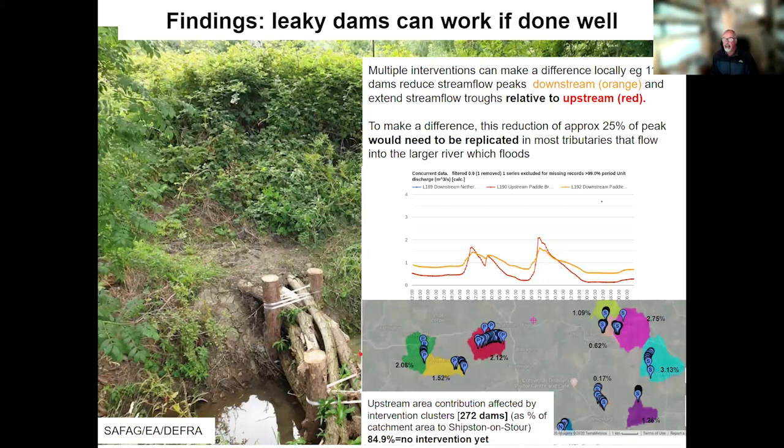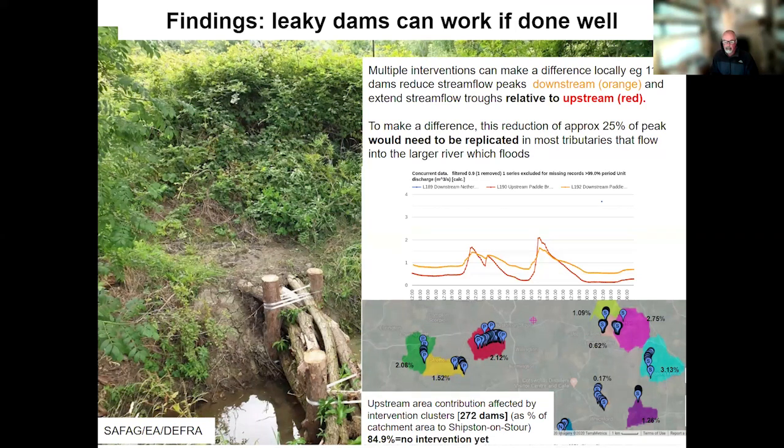In terms of overall findings from all these data, just some big picture findings for you in the last few minutes we have here. If we're thinking about leaky dams, over all the ones that we monitored, I think our conclusion is that leaky dams can work if they're done well.